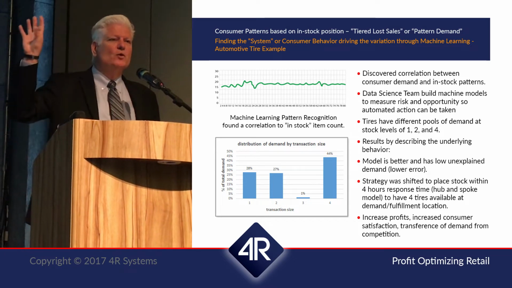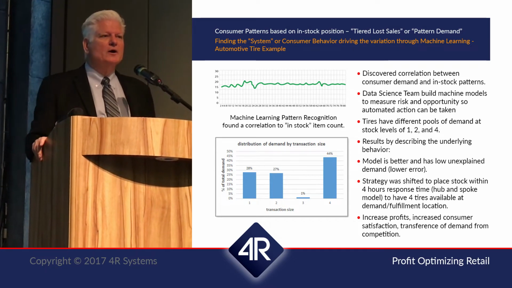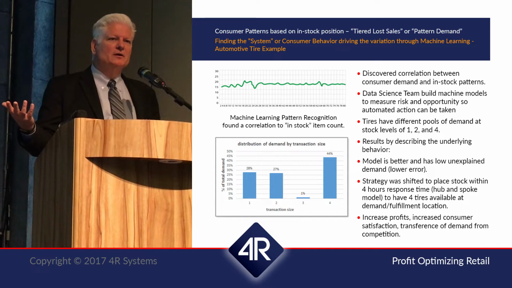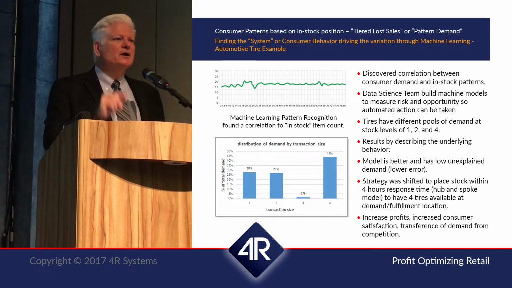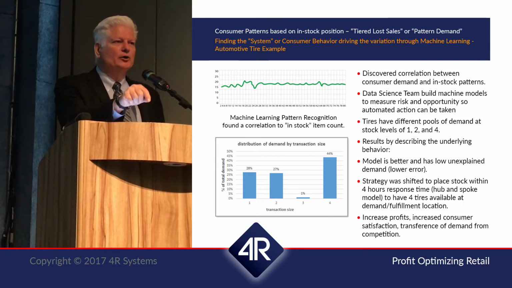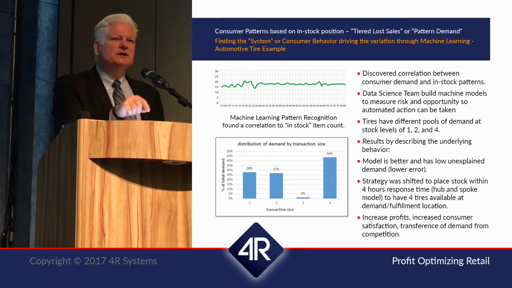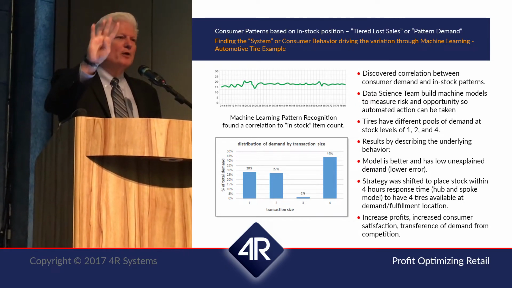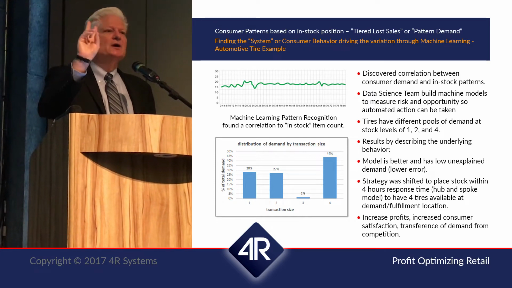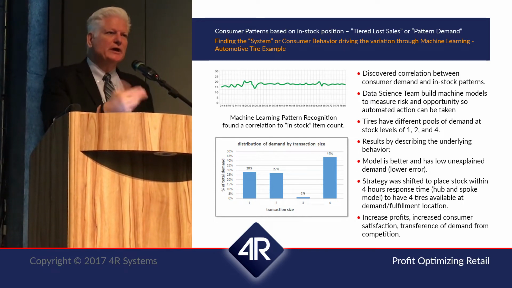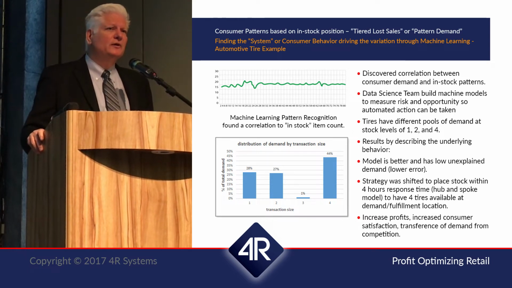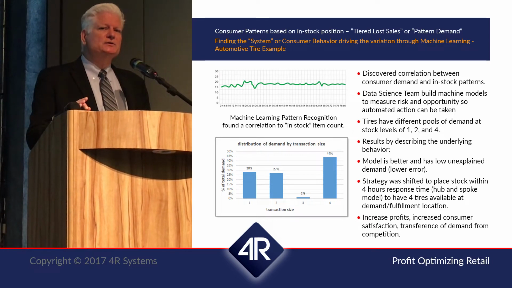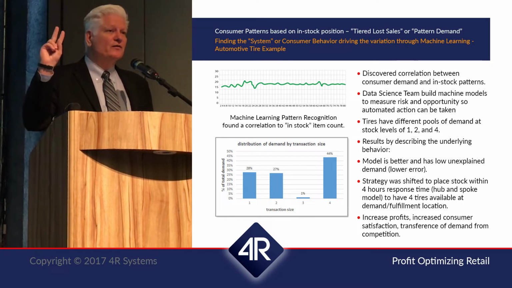Then we shifted the strategy. The best place for understanding this algorithm and how it works is replenishment. Replenishment then kicked in, and the algorithm now says, hey, look, for this particular product, in stock is 4 at a bare minimum for any of these things, and here's how you will lose as you go down between the different items. That said, it was not universal. There were certain store locations that 2 tires was just fine.